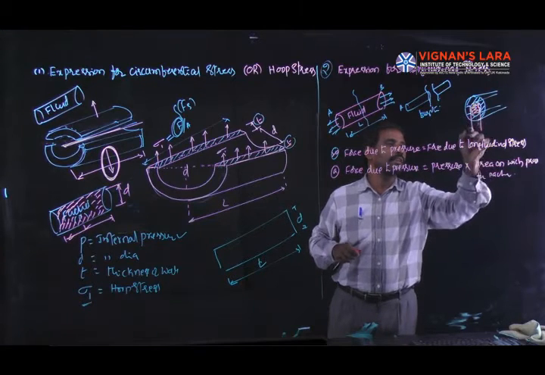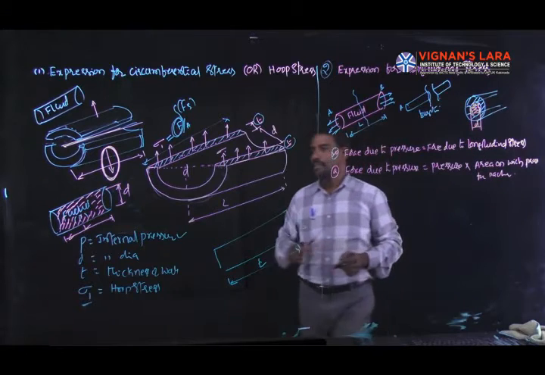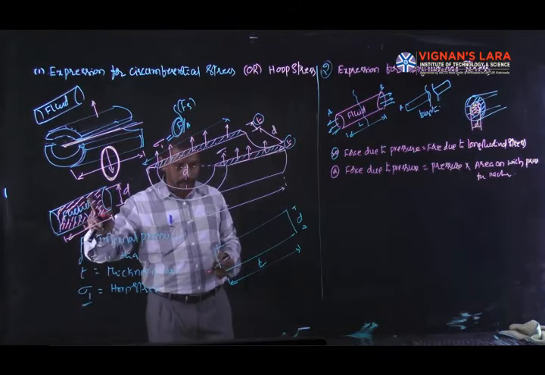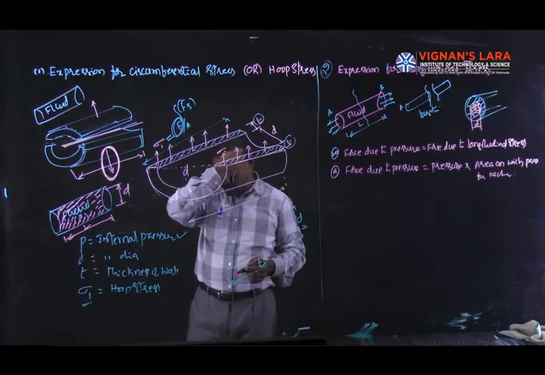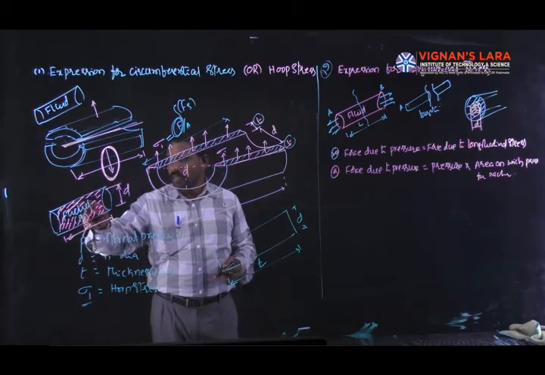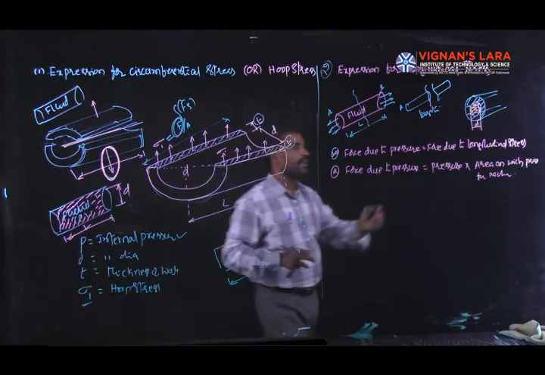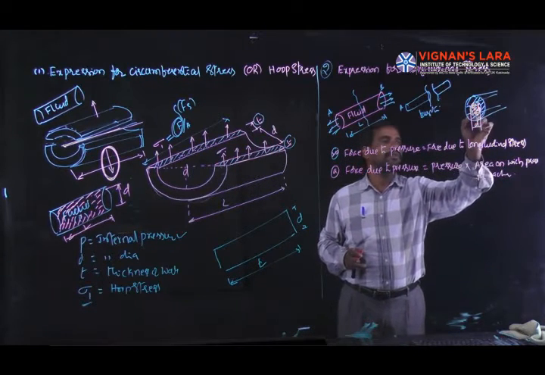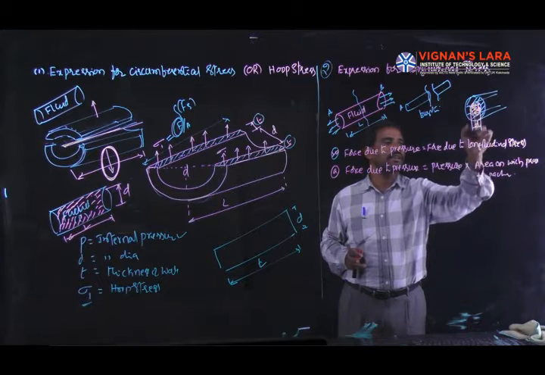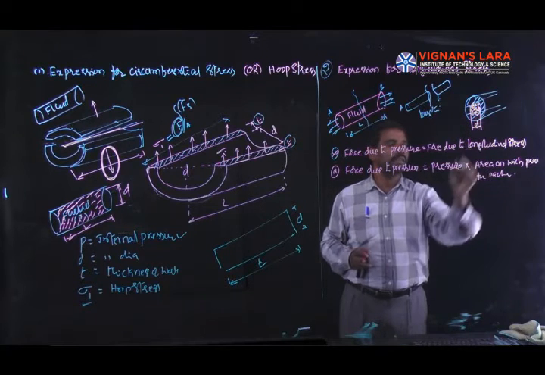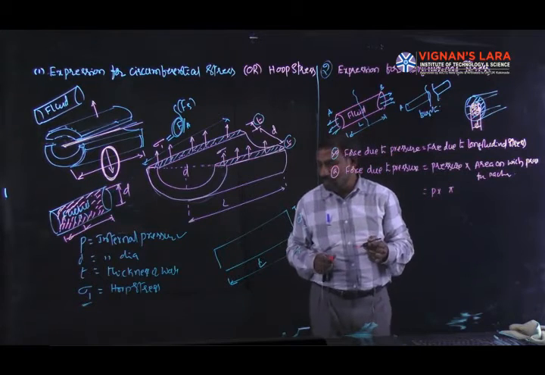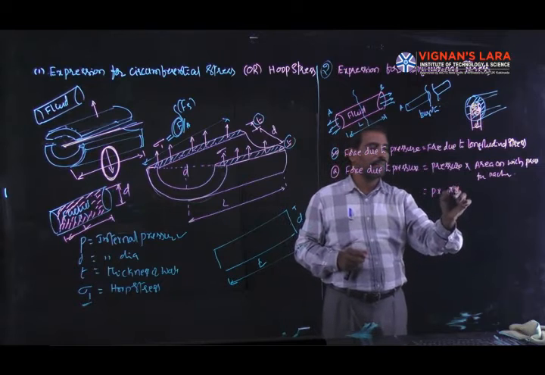This is D. Similarly here, the pressure force acts on this area. We know P, and the area is pi by 4 d square, so the force is P into pi d square by 4.